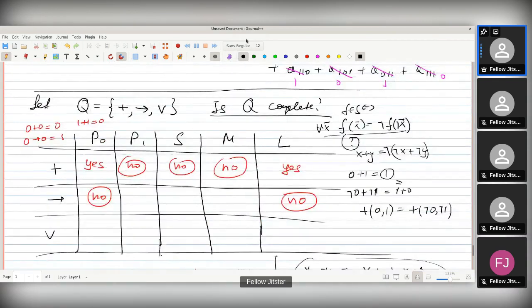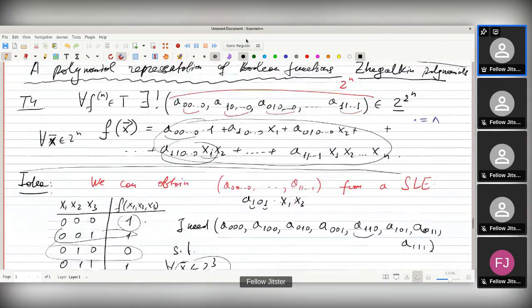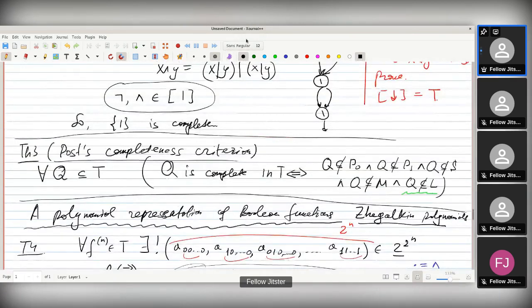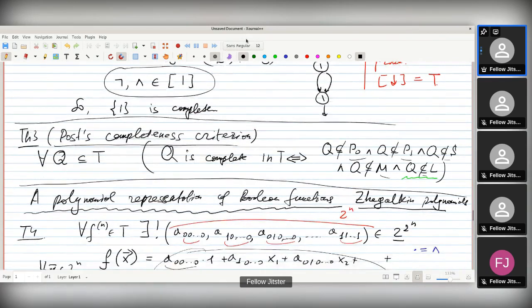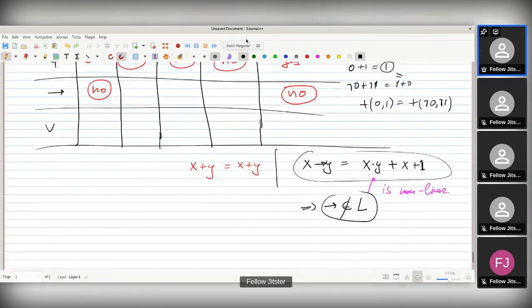We see that this system of functions contains functions out of each of our critical classes, P0, P1, S, M, L. Hence, by Post's criterion, this system is complete.